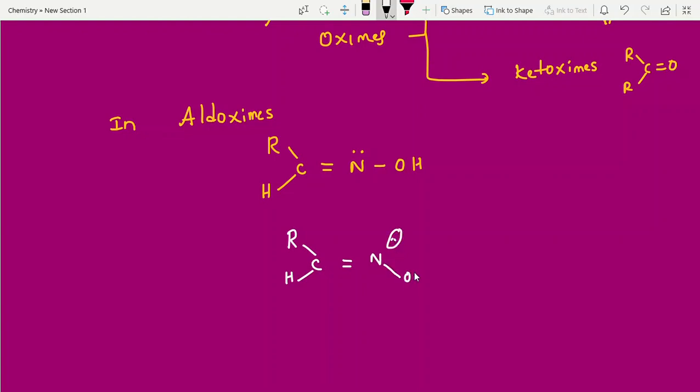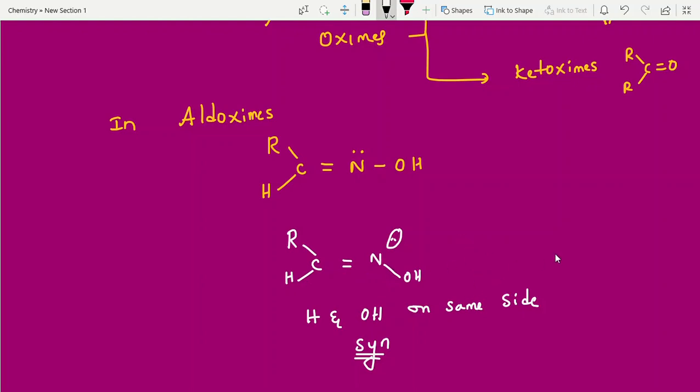Next, OH group. Simple. H and OH on the same side, then what we call it as syn, like cis. Similar groups on the same side means cis we call, but here not similar groups, with respect to hydrogen and OH group we are talking.